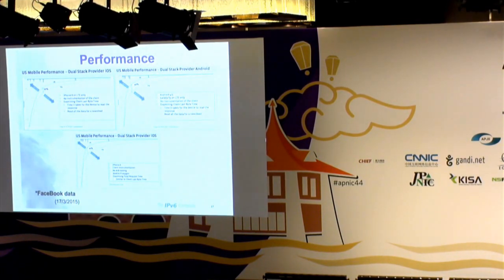Excuse me, I don't exactly understand the figure. So does it try to show the performance when both the smartphone and the content provider are dual stack, or one of them is v4 only? In this case, never mind if they are both dual stack or the iPhone, for example, is IPv6 only. Okay, the point here is if you try to compare how much time it takes to get, here it is very small, but you can read it, time to complete an HTTP GET, okay?